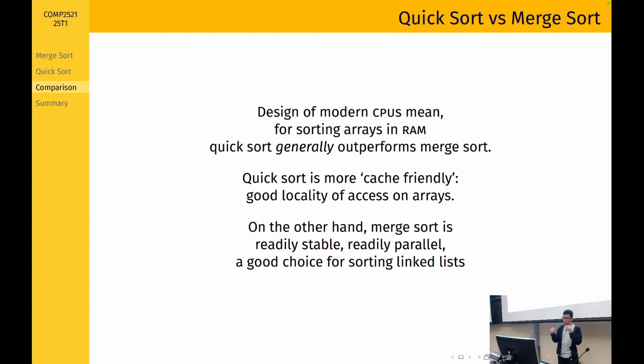So what merge sort can do is split the array into 4 equally sized parts, and then get each of the cores to merge sort one of these pieces of the array. Meanwhile, quicksort can't easily parallelize because when you choose a pivot, you don't know where it's going to end up, right? You don't know how big the left half is going to be, how big the right half is going to be.